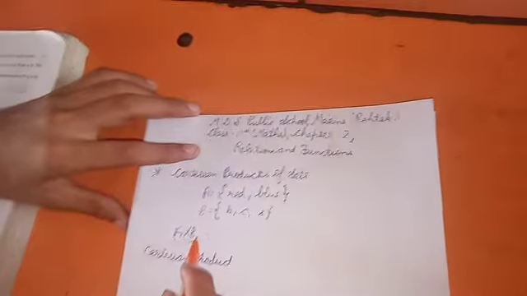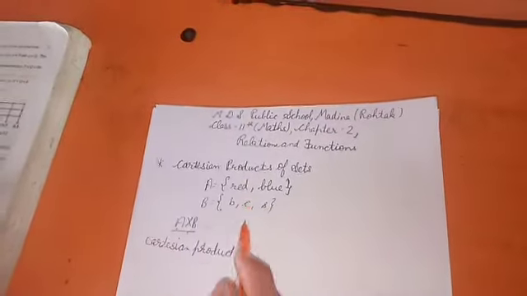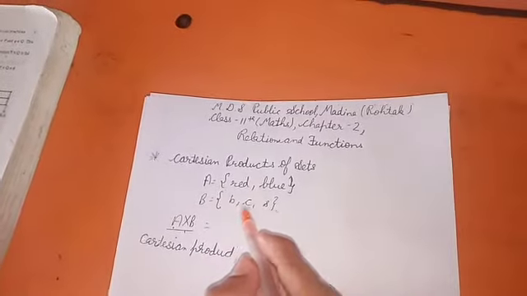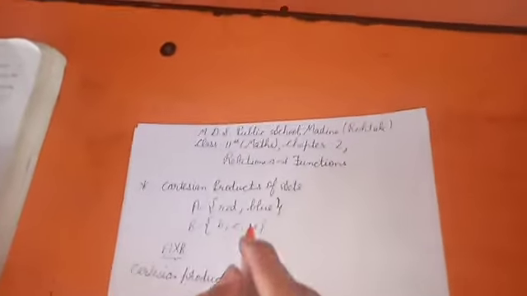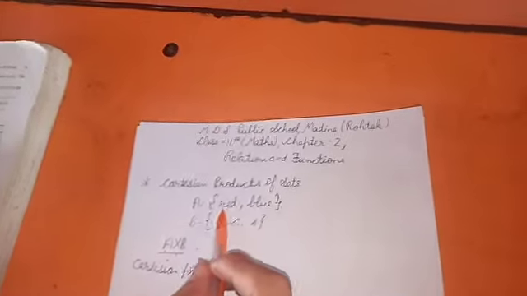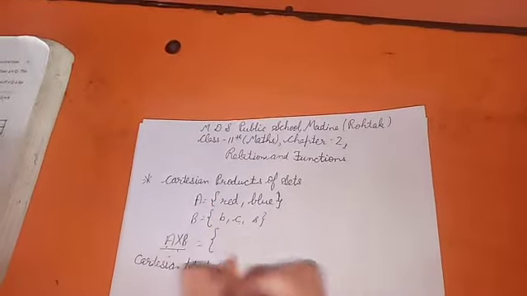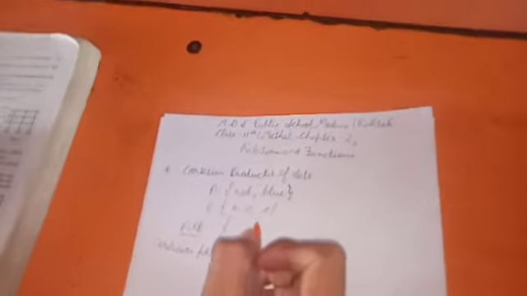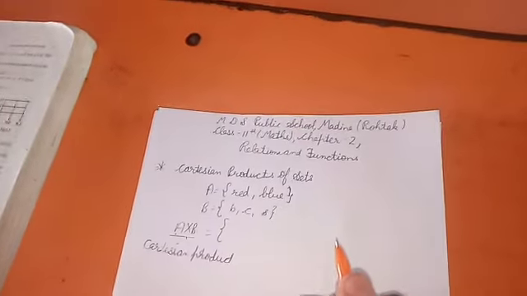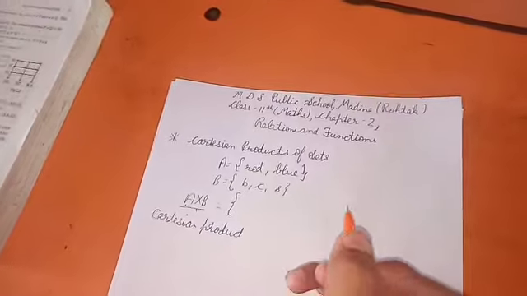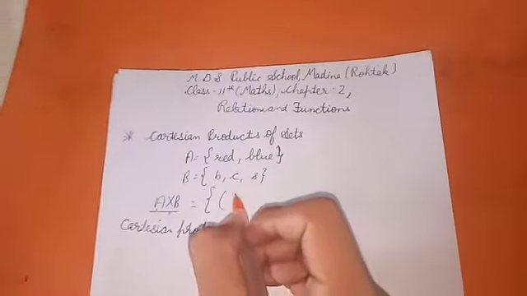That means the first element of our Cartesian product will be from set A, and the next one will be from set B. The Cartesian product will itself be a set.